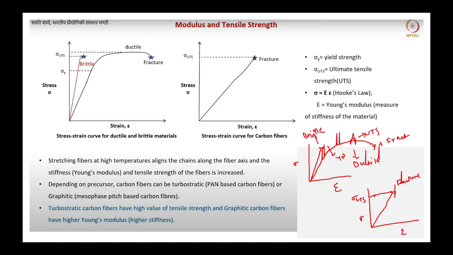In this diagram you can see sigma y is your yield strength, corresponding to this, and UTS is this, for brittle and for ductile. And how do we calculate this? It is calculated by Hooke's law: stress equals E into strain, where E is your Young modulus and this is your strain.